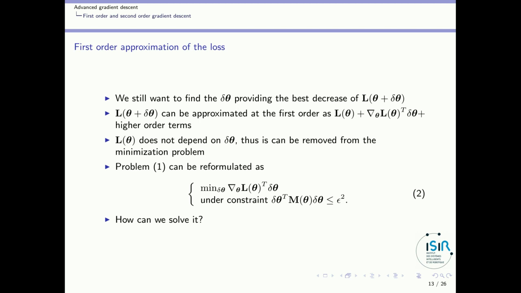So it can be removed from the minimization problem. I want to minimize something on delta theta, so I can ignore a constant. Okay, so the problem that we had defined before can be reformulated as finding the argmin over delta theta of the gradient of the loss over theta times delta theta under this particular constraint. Okay, and now the question is, how can we solve it?